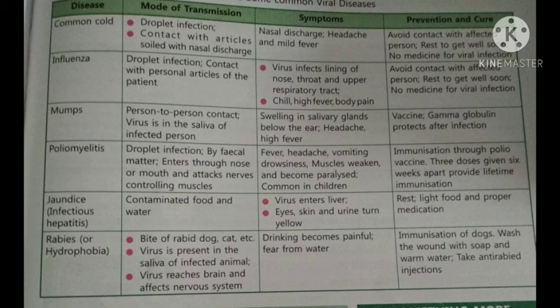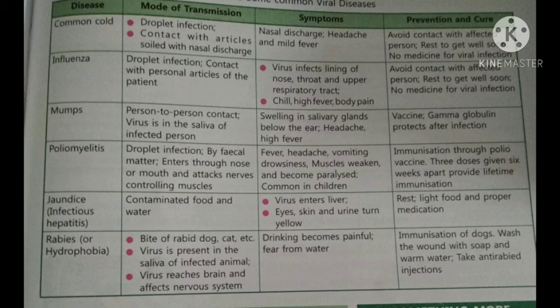Next is rabies, and it is transmitted by the bite of a rabid dog or cat. The virus is present in the saliva of infected animals, and it is transmitted, reaches the brain, and affects the nervous system. What is the symptom?